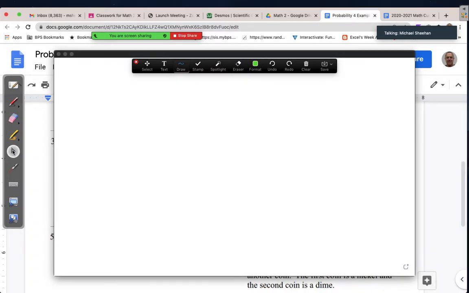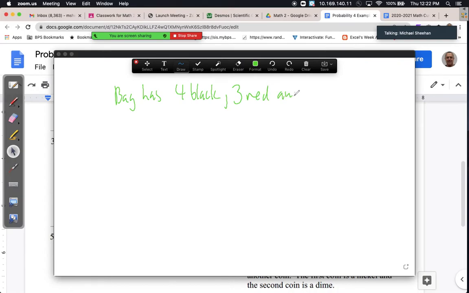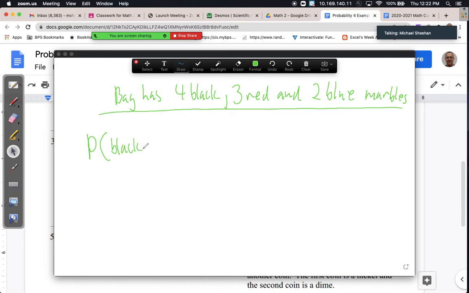Okay, so let's say I've got a bag that has 4 black, 3 red, and 2 blue marbles. I want to know what's the probability that I get black and then blue.